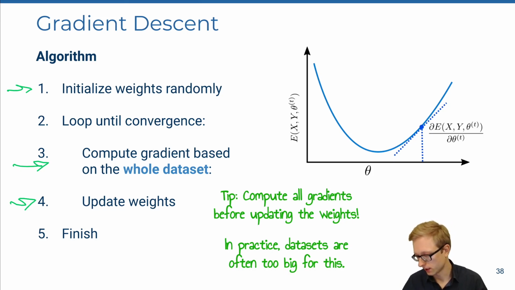First thing to note is that you should be computing your gradients before you're updating the weights. So make sure that all the gradients in your network are calculated before you actually apply the weights, because otherwise you might end up with some errors.